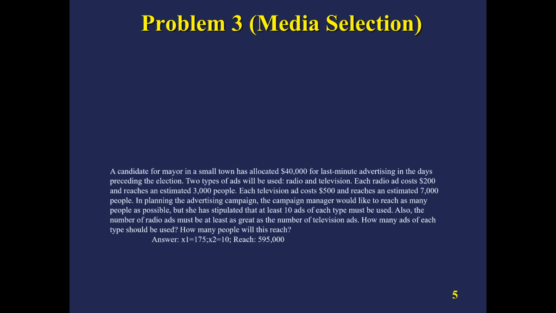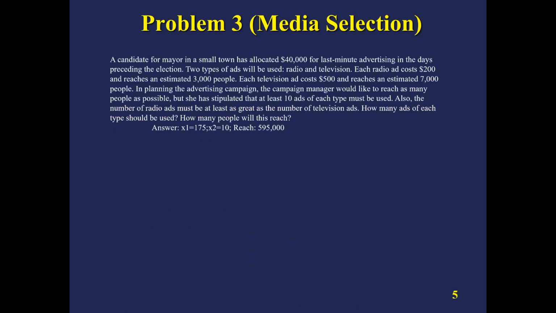Okay, let's continue. Another problem 3, media selection. A candidate for mayor in a small town has allocated $40,000 for last minute advertising in the days preceding the election. Two types of ads will be used: radio and television. Each radio ad costs $200 and reaches an estimated 3,000 people. Each television ad costs $500 and reaches an estimated 7,000 people.